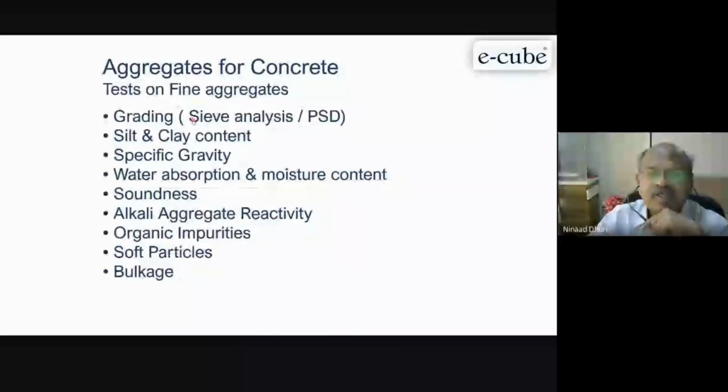And based on your sieve analysis or particle size distribution, you must change the proportioning of your materials, 20 mm, 10 mm, and sand. A bulkage test is there, but now it is not much applicable for your crushed stone sand. All the tests are given in IS 2386. Those who are interested in seeing this should go for it at least once or twice. They can do all the tests. As an engineer, you must know all the tests. Whatever we have discussed, you should know thoroughly.